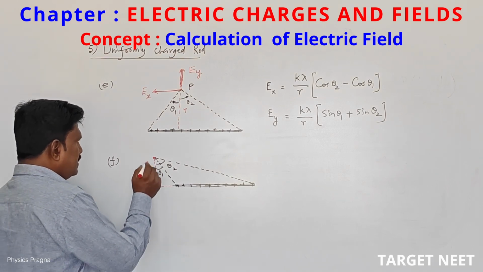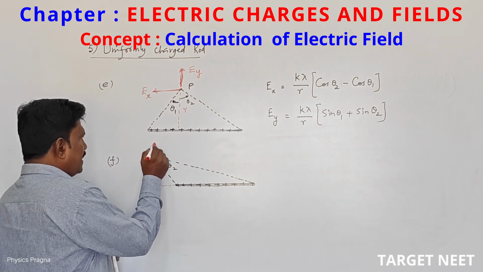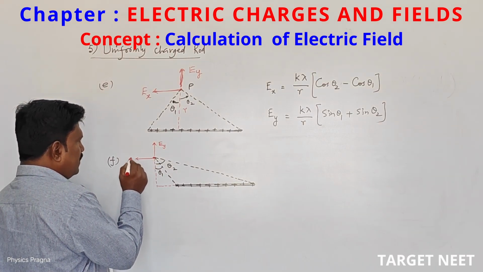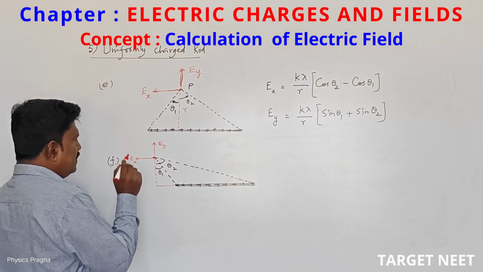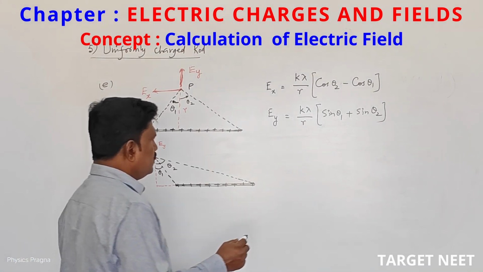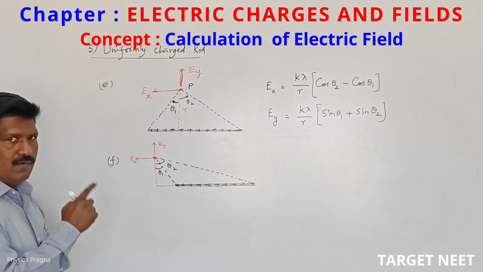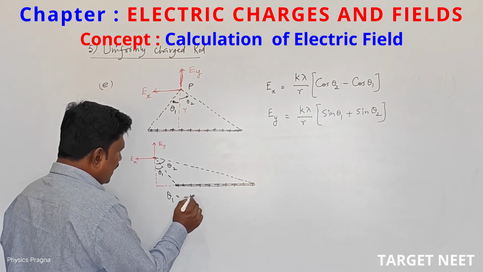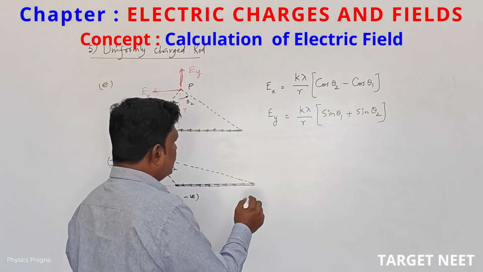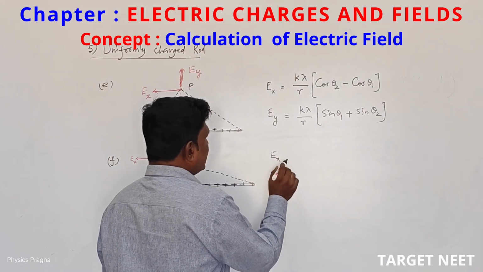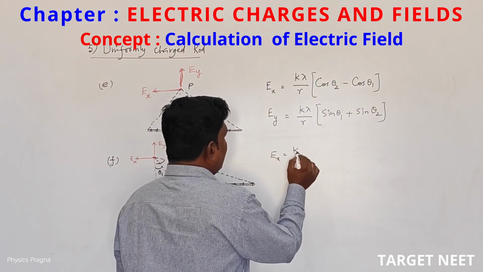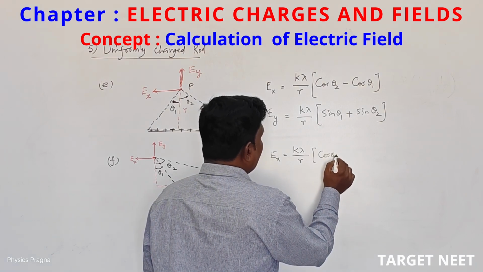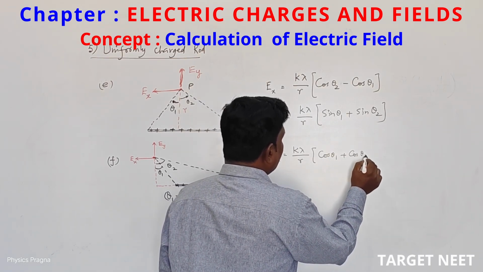Here this is the perpendicular component of the electric field, and this is the parallel component. One point you have to remember: this theta 1 has a negative value. So here the x component Ex is equal to k lambda by r, cos theta 1 plus cos theta 2.